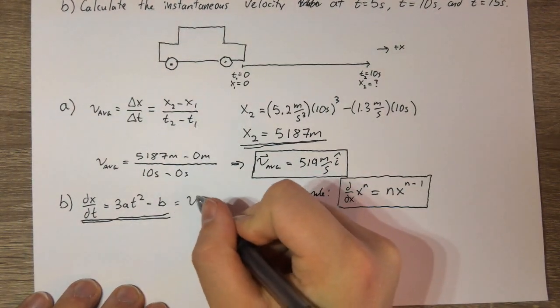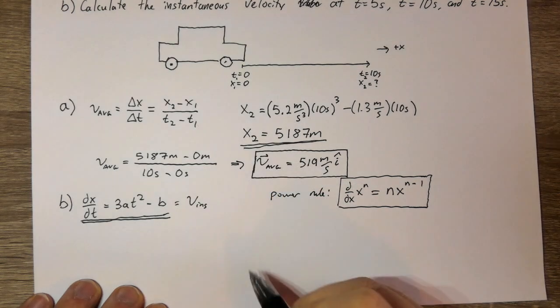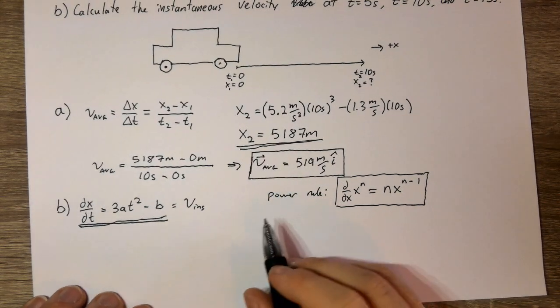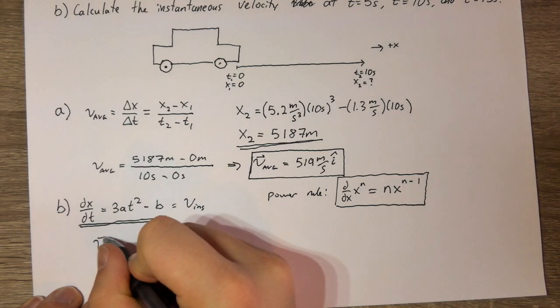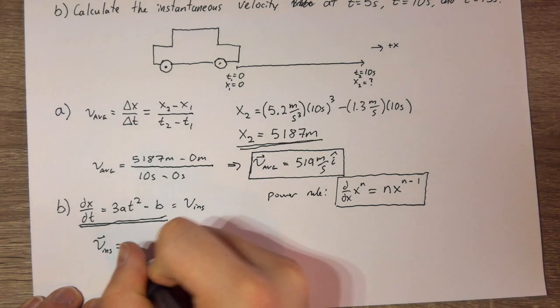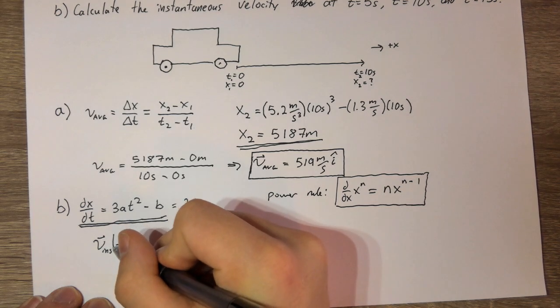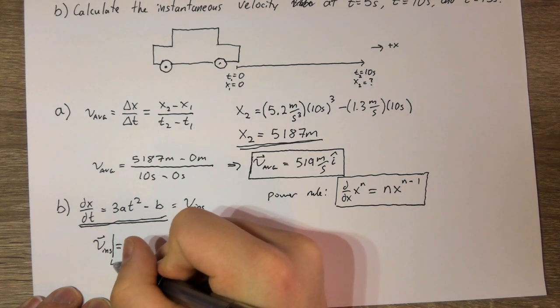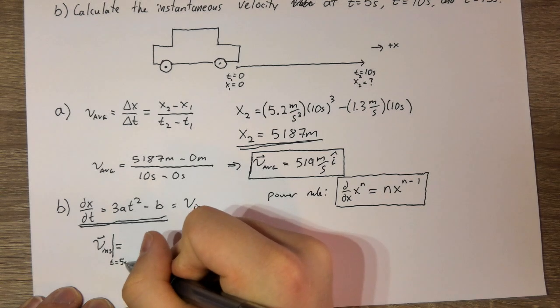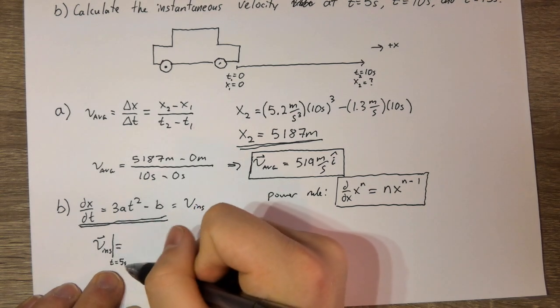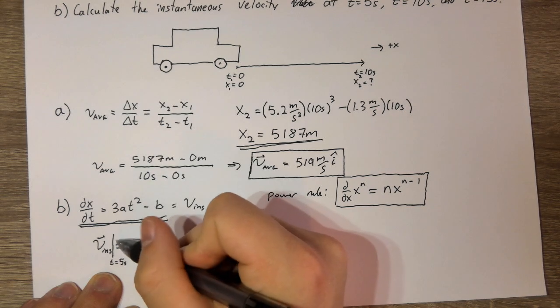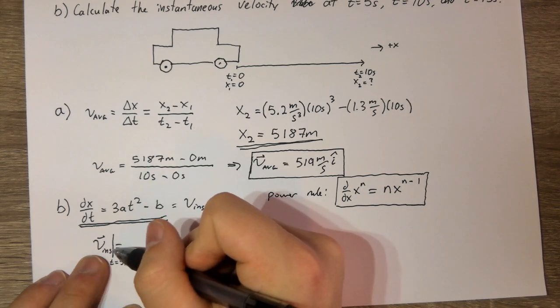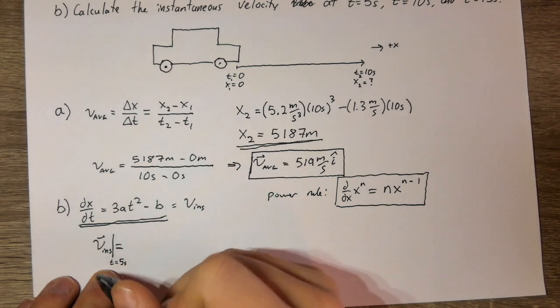And this will be our instantaneous velocity, which I'll put a sub ins. So v sub ins, and I'm going to draw a big line here at t equals 5 seconds. That line with the t equals 5 is just a notation saying we are calculating this at 5 seconds.